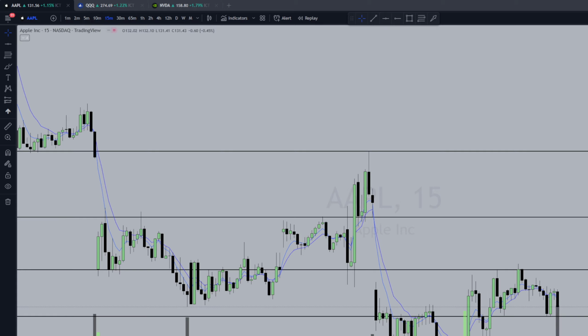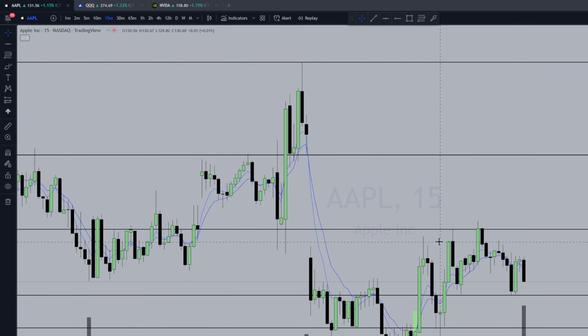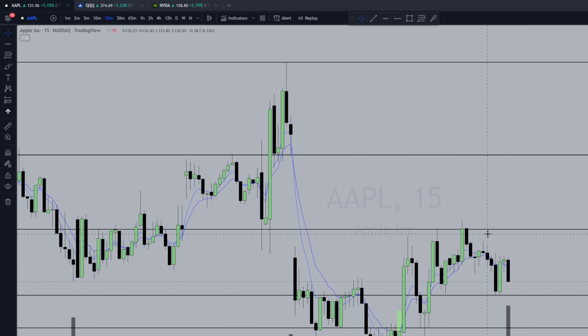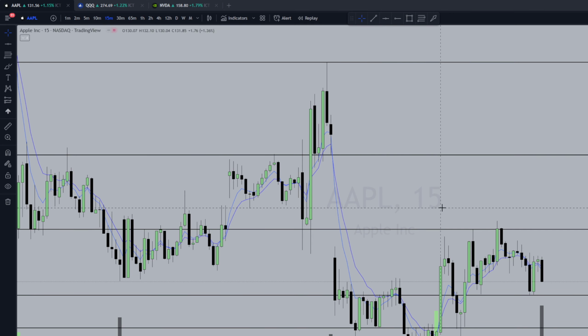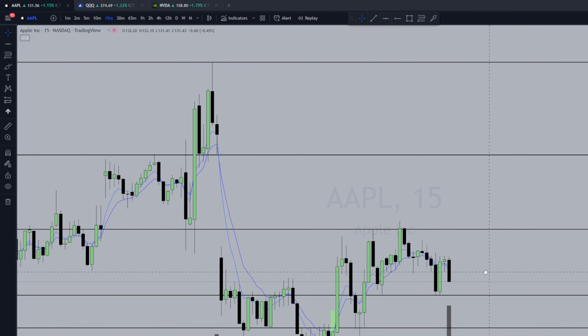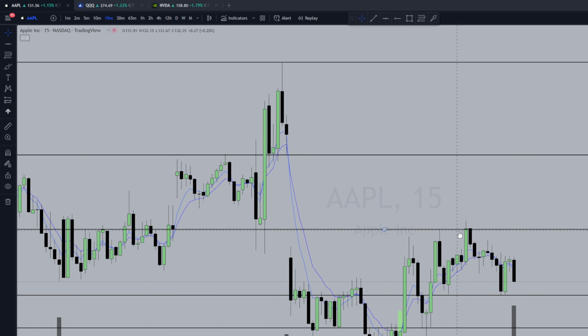Those are the ones you're going to want to get rid of if you want less clutter on your chart. Me personally, I usually have my charts kind of look like this, right? I would have levels like this. So I would have my main levels that I get from a larger time frame, whether that's a daily, weekly, or whatever. And then for the day, if I see a level that's being respected a lot, for example this, I would keep that.